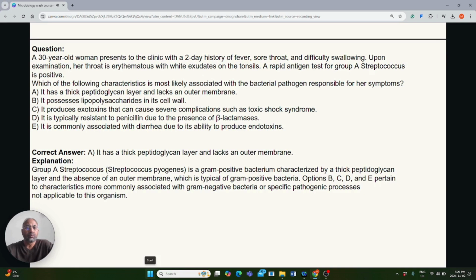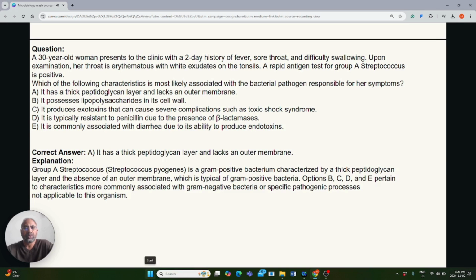Okay, so it has a thick peptidoglycan layer and lacks an outer membrane, or it possesses lipopolysaccharides in its cell wall, or so we have these other choices. Firstly, the first choice itself is showing the characteristics of a gram positive bacterium.